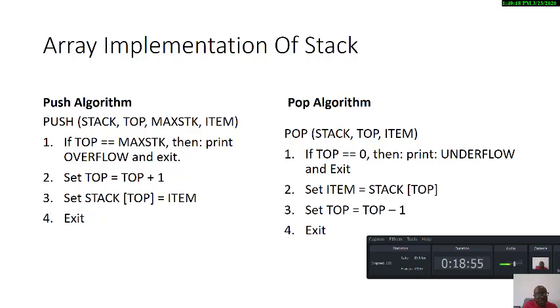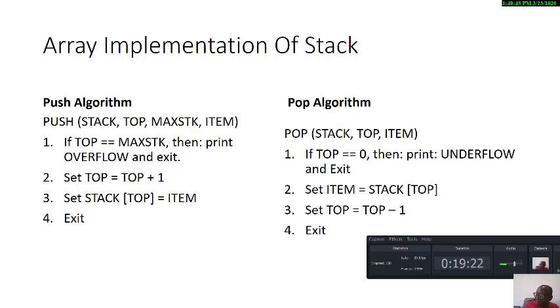Here, the opposite happens to that of the push. Remember, with the push, we adjusted the pointer before you place in the item. Here, you must put the top item into a variable item before you adjust the top pointer, because if you do adjust the top pointer before, that item will not be traced again.